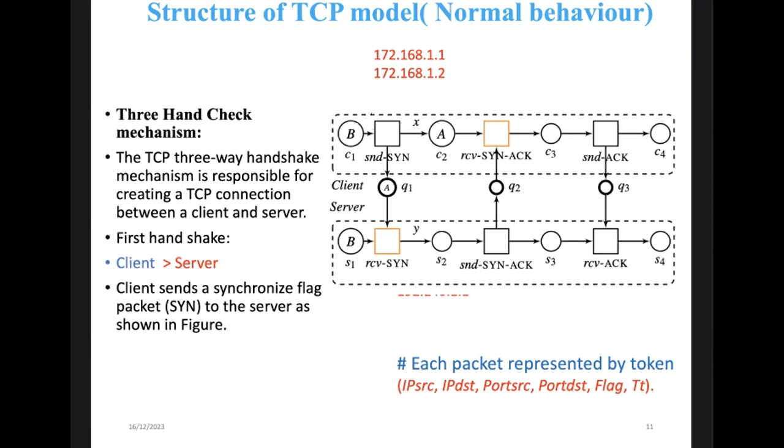So transferring the token to C2 and Q1, now the server is ready to receive the SYN request from the client. As you can see, now receive SYN is enabled here in orange in the simulation. So now the client sends the first SYN to the server.